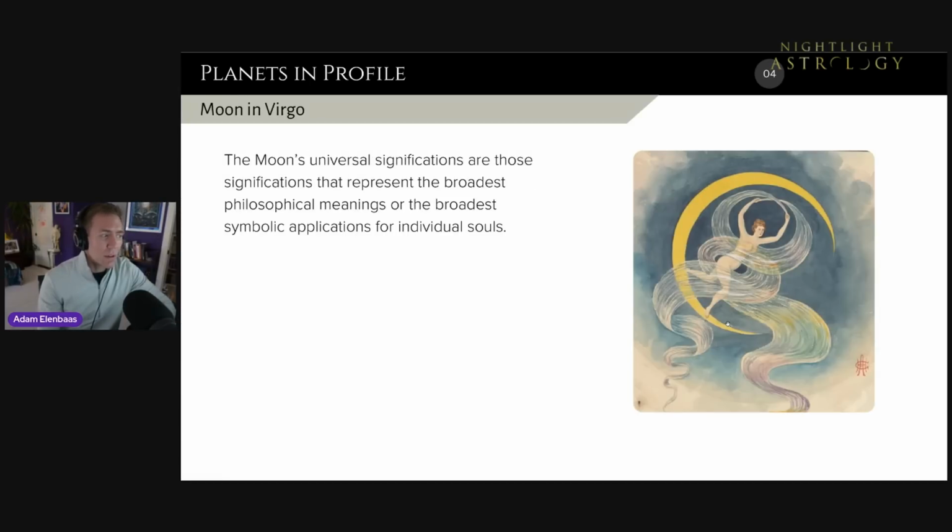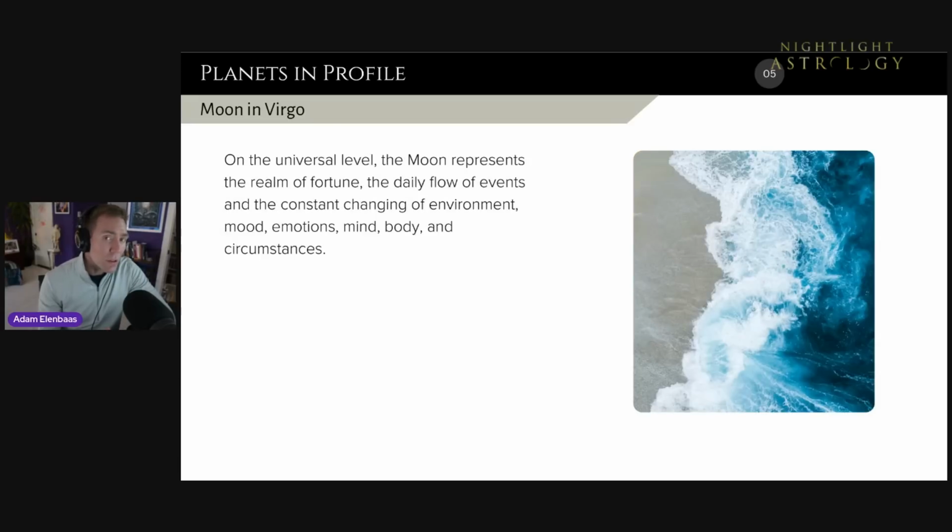The moon's universal significations would be those that are broadest and most universally or philosophically relevant for the planet and have the broadest symbolic application. So, for example, on the universal level, the moon represents the realm of fortune, the material, incarnate world of forms that come into being and pass out of being, the daily flow of events, the image of the wheel of fortune, the realm of karma, the material world where we live and breathe and eat and eventually die.